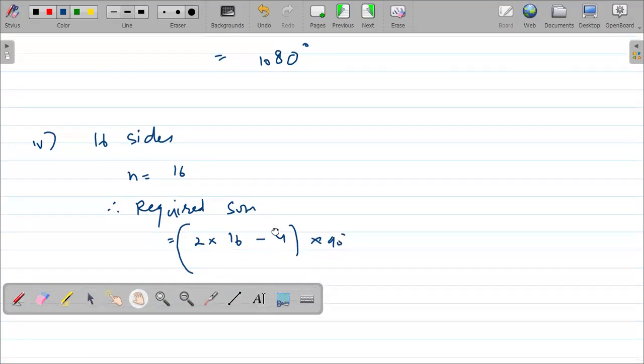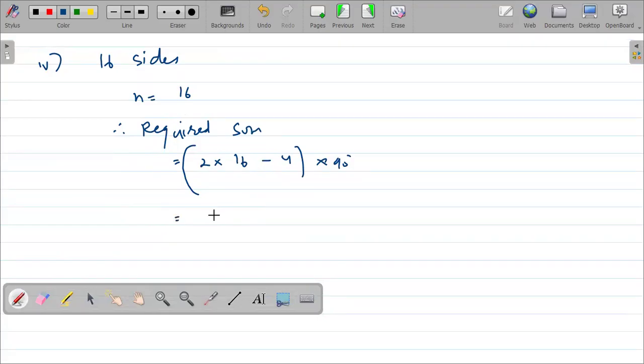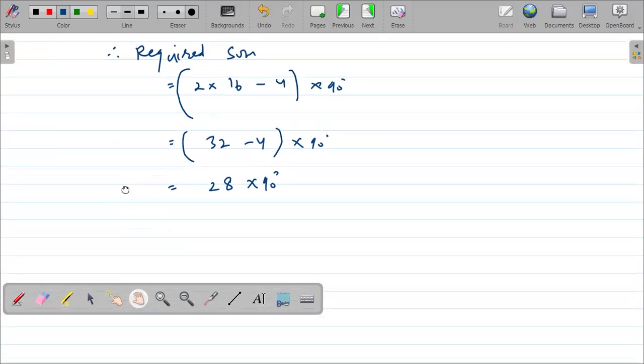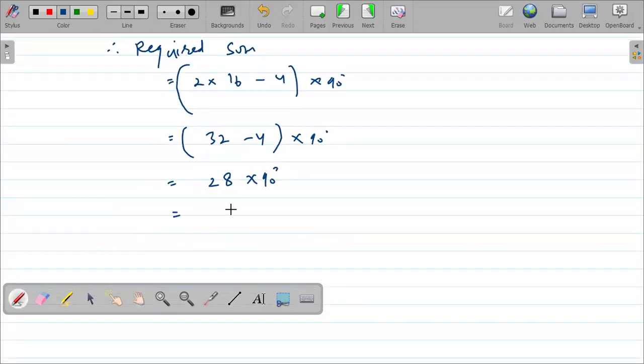So it will become 32 minus 4 into 90 degrees, that is 28 into 90 degrees, that is 2520 degrees. So for a polygon which has 16 sides, the sum of its angles is 2520 degrees. So it was all about part B, question number 2.